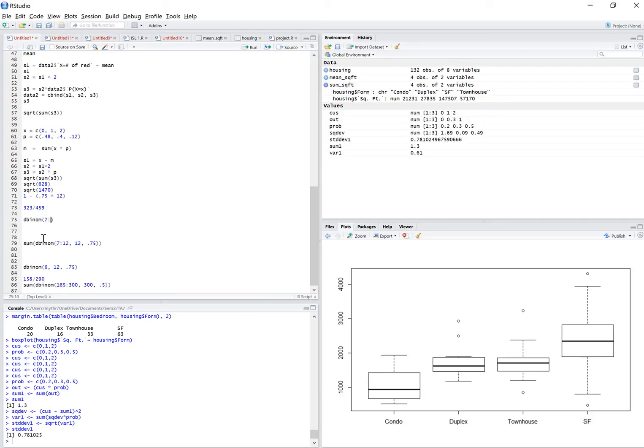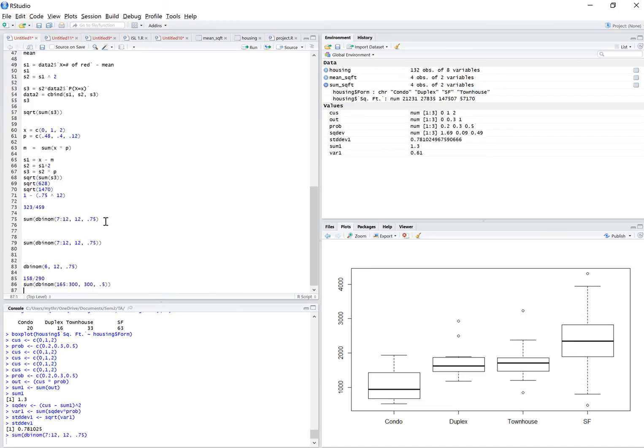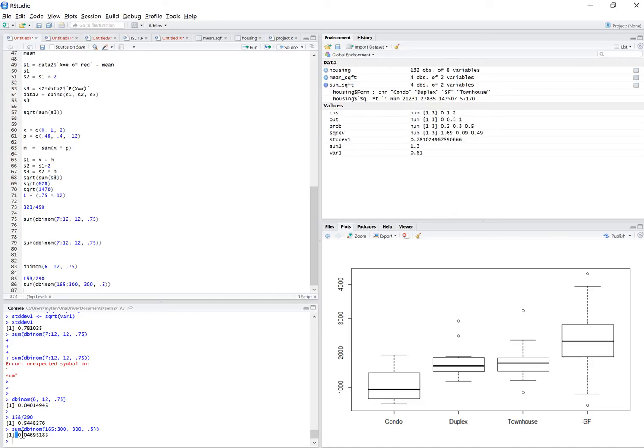This is very useful because you can't calculate them manually here. Since it is at least 7 and our total population is 12, it is 7 to 12, comma, 12 is our total, and the probability of being right-handed is 0.75. So at least 7 people being right-handed has 0.04 probability.